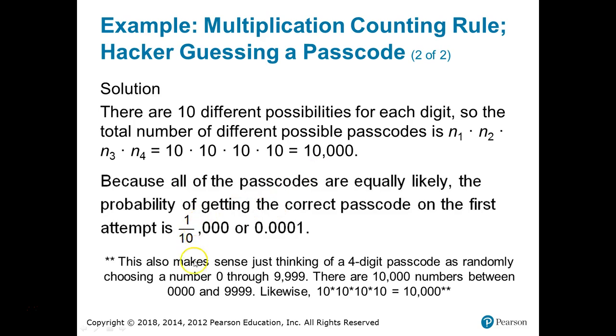And this also makes sense, just thinking of a 4-digit passcode as randomly choosing a number between 0 and 9,999. There are 10,000 numbers between 0000 and 9999. You know, there's 0000, 0001, 0002, and that can go on up until 9999.